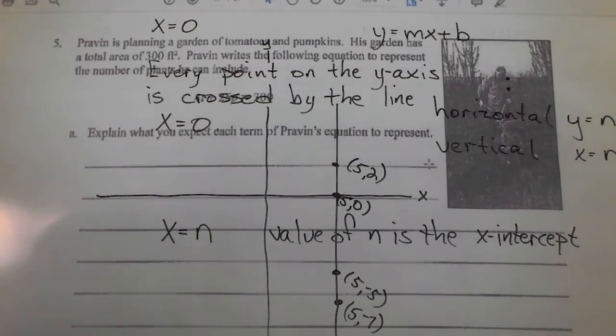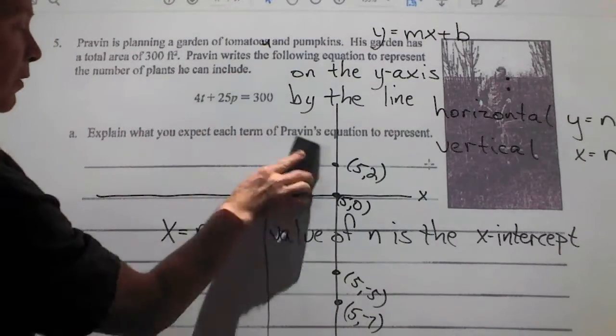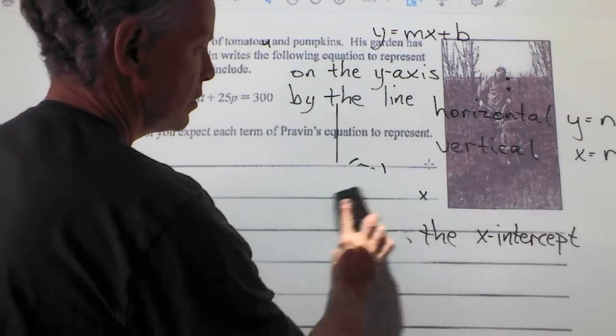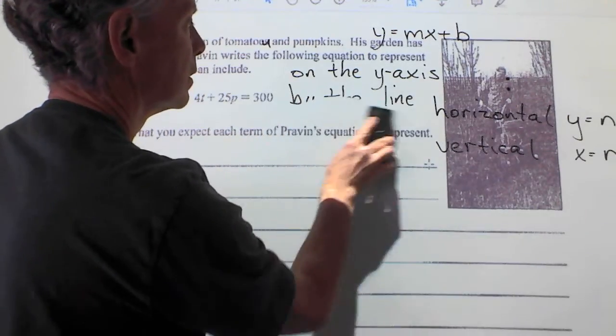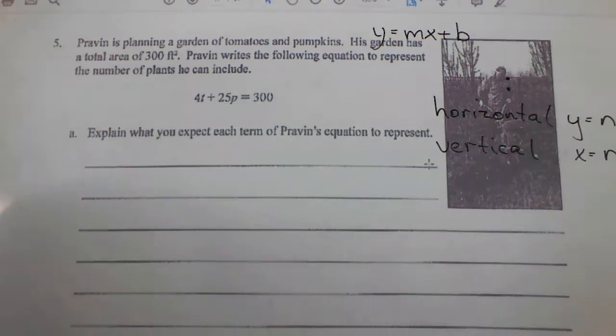Moving right along to Pravin. And here's where we get into word problems, which sometimes have their own unique challenges. Okay, so Pravin is planting a garden of tomatoes and pumpkins.